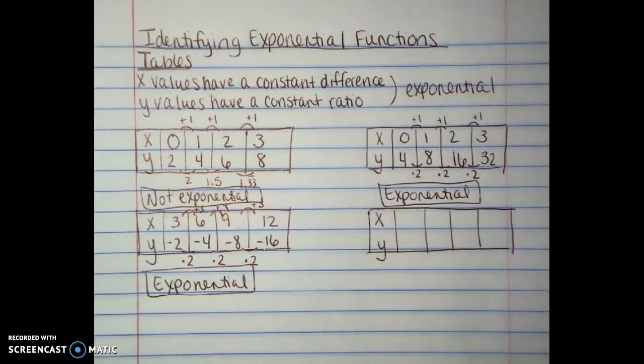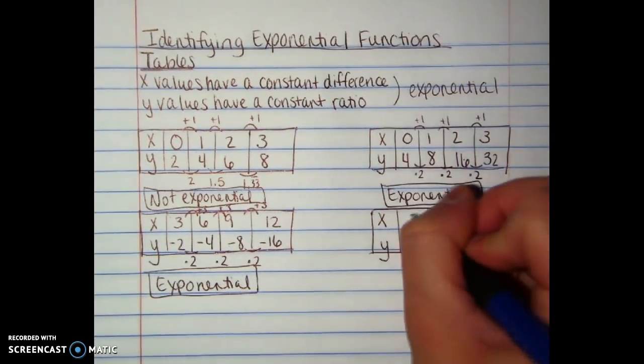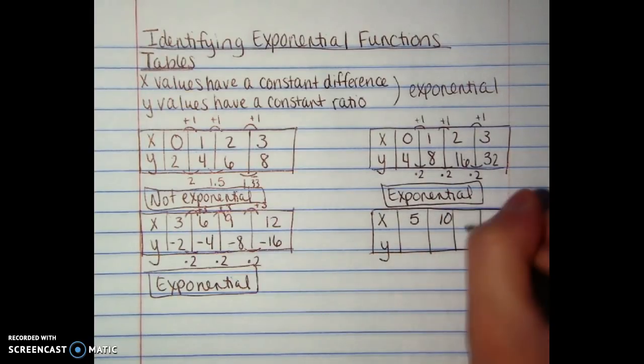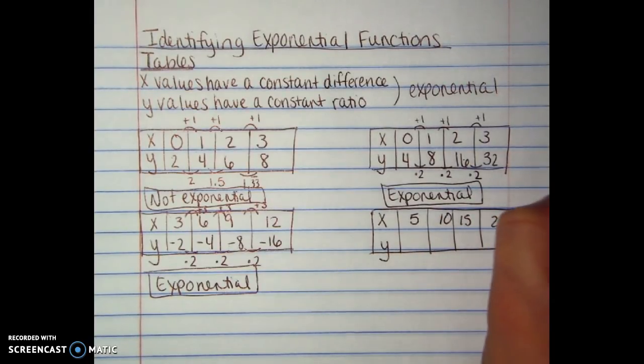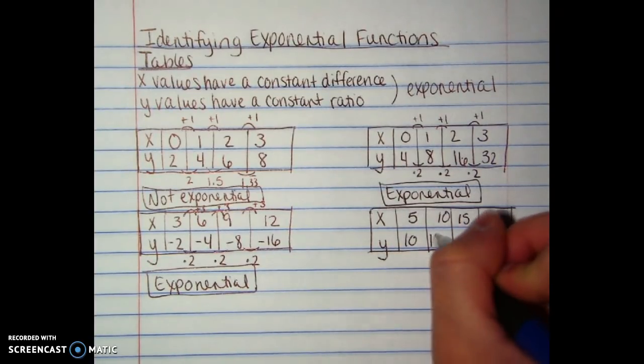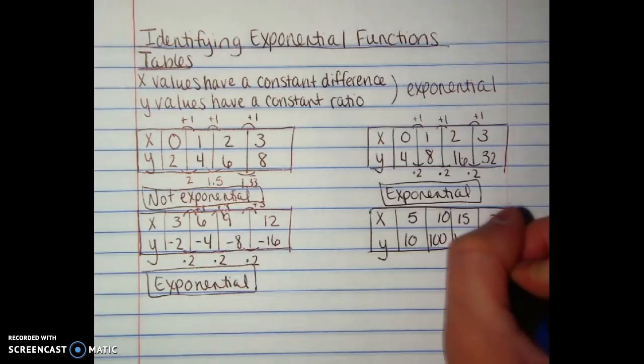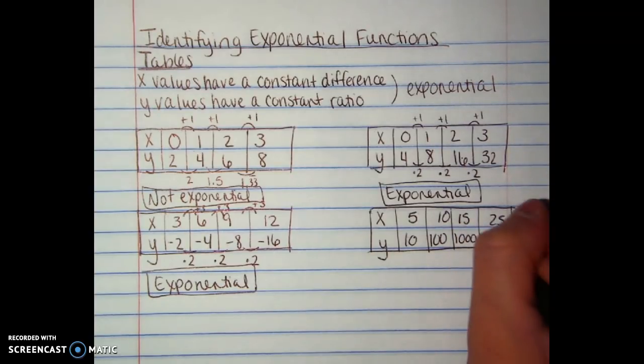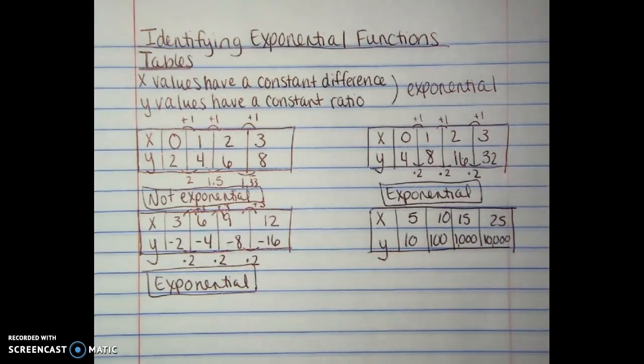Okay, last table that we're doing. 5, 10, 15, 25, and 10, 100, 1,000, and 10,000. Okay, let's look at the x's and see if it goes up by the same amount each time.